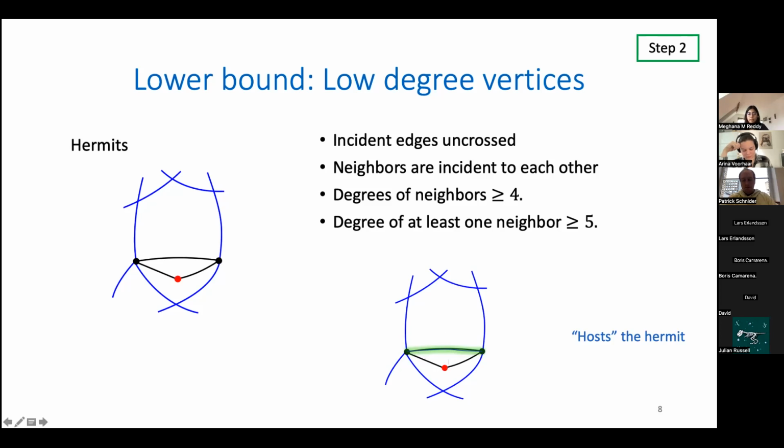So in some sense, this edge, the edge highlighted in green, is private to the hermit, including the two edges incident to the hermit. So all these three edges are kind of private to this hermit.